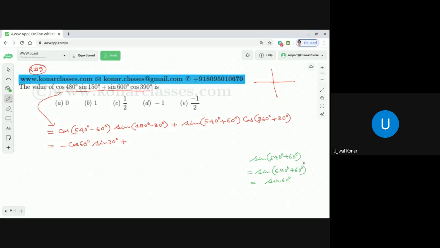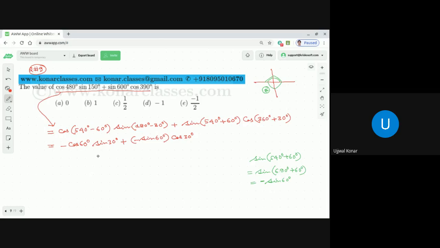Let's find out. You go to 6 times 90 degree, 1, 2, 3, 4, 5, 6, and then you come to 60 degrees. So this is the third quadrant. In the third quadrant, sine is what? Third quadrant sine is negative. So finally it will give minus sine 60 degree. This concept we are applying here. So minus sine 60 degree. And in a similar approach, cos of 360 plus 30 degree is cos 30 degree.